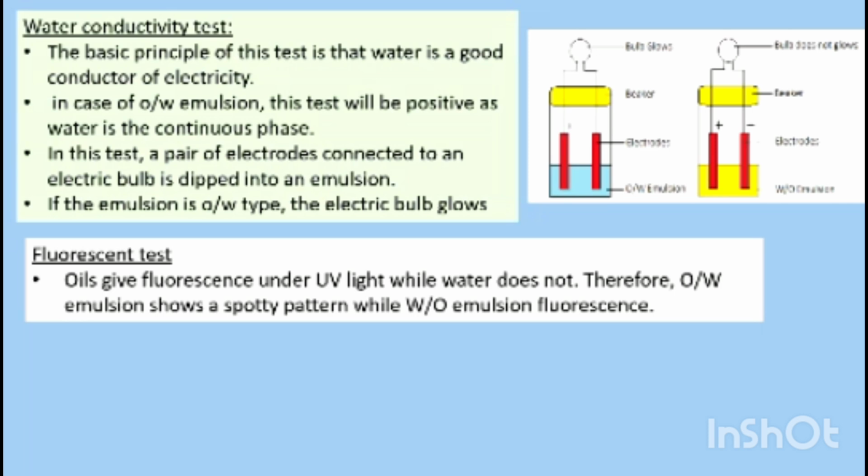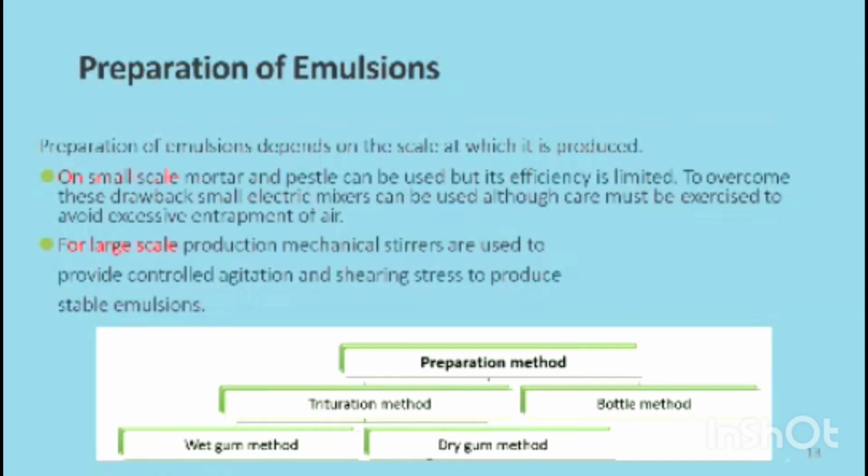It means only the oil globules give the fluorescent effect. But in case of W by O emulsion, the background or the total emulsion will glow as fluorescent, as oil is in the continuous phase of the formulation.